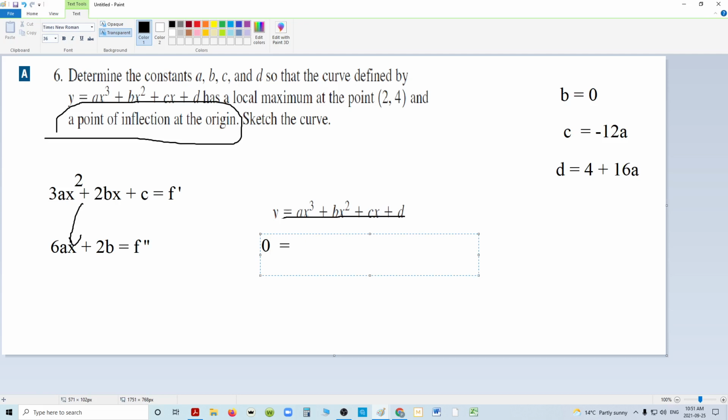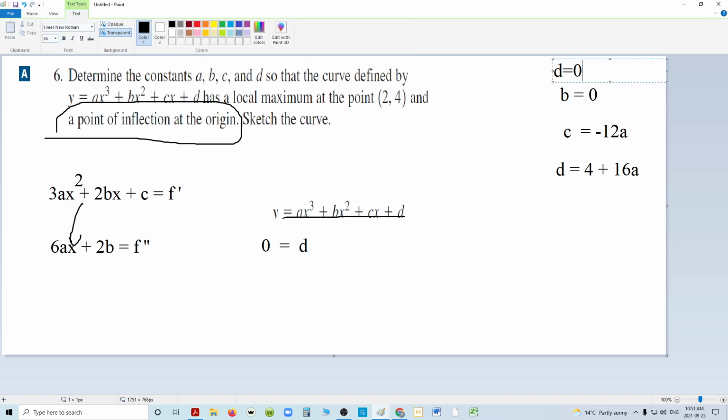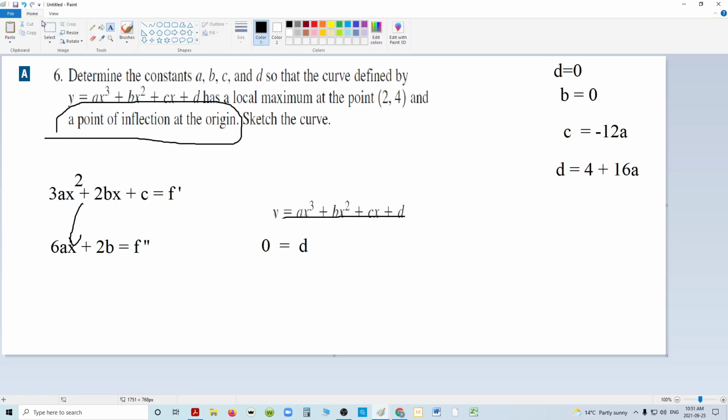And when x is 0, this becomes 0 plus 0 plus 0 plus d, which means that d is equal to 0.